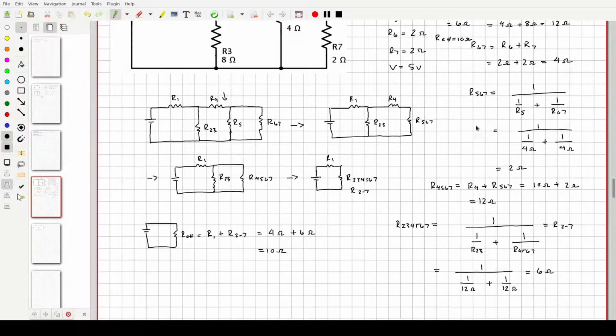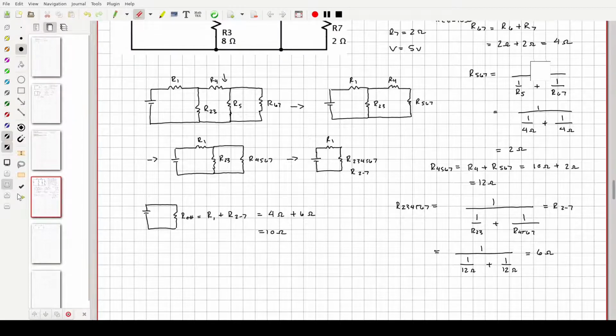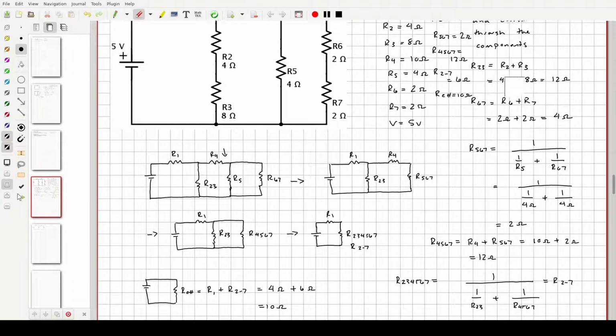So now, having done all these reductions, what I'm going to do is to clear a little bit of this workspace. We're going to need these steps here to help find the currents, because we're going to talk about where the currents are in a moment. But let me just clean this up a little bit so I have a work area here.